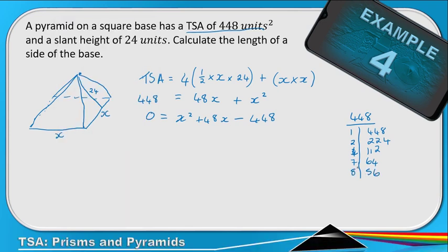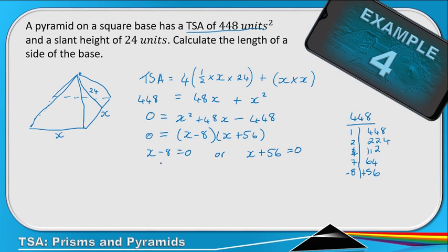Now if I take 56 and I subtract 8, that actually gives me 48. So factorizing that will be, it's positive, so it's plus 56 minus 8. And that's then x minus 8 and x plus 56. This will mean that either x minus 8 is equal to 0 or x plus 56 is equal to 0.